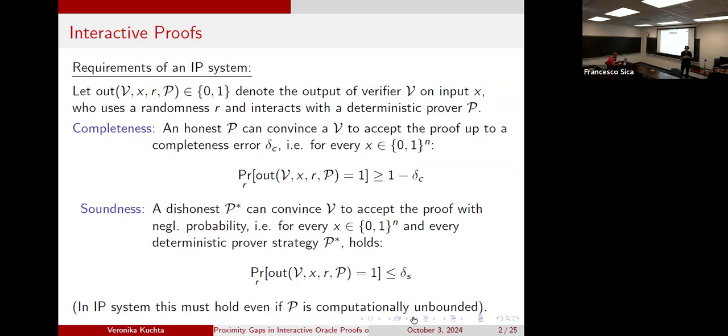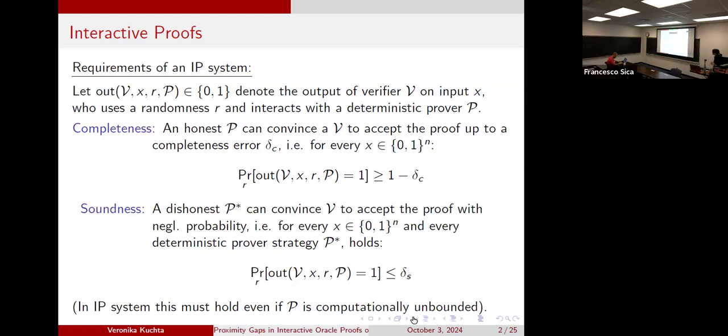We live in a world which is not ideal; we assume that errors can also happen. And this is the formal definition for the completeness or correctness property. The probability that the verifier accepts the proof, that the output of the verifier after interaction with the prover is 1, meaning accepting the proof, should be close to 1, so greater than 1 minus some small completeness error.